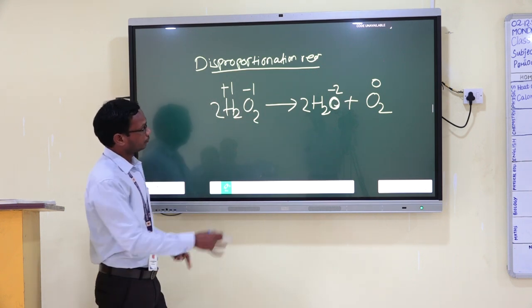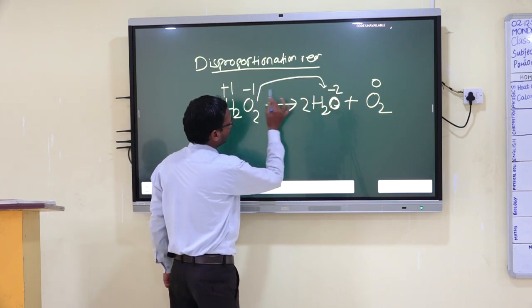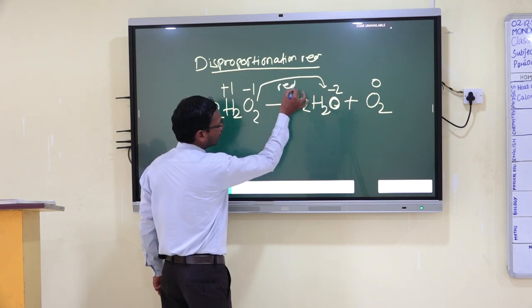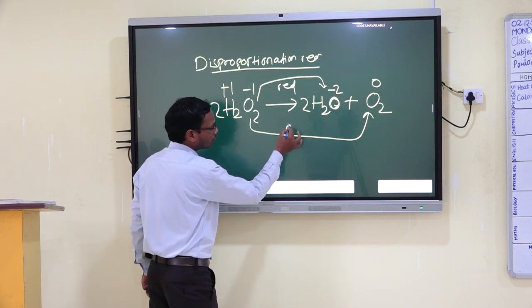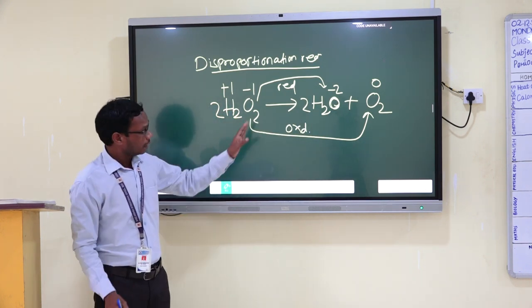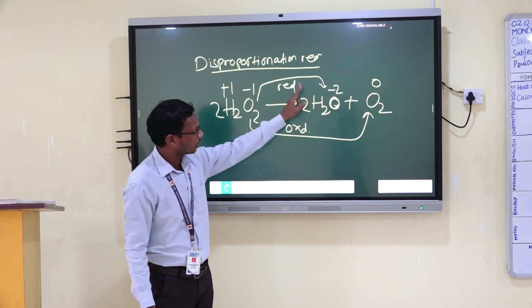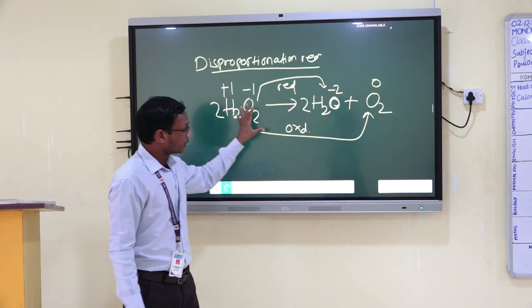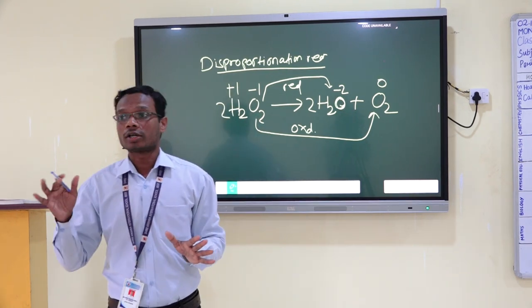Now compare oxygen. In H2O, -1 to -2, that means reduced, and in O2 it is -1 to 0, that means oxidized. One reactant, oxygen, is reduced for H2O and oxidized for O2. Yes or no? This type of reaction is called a disproportionation reaction. It is a special type of redox reaction.